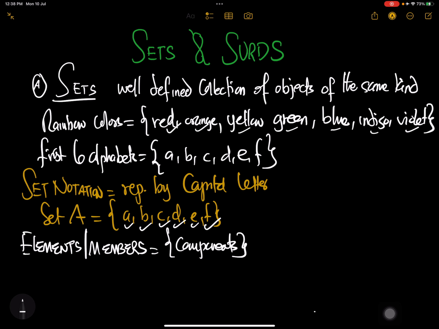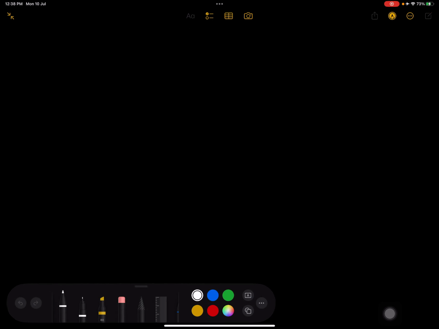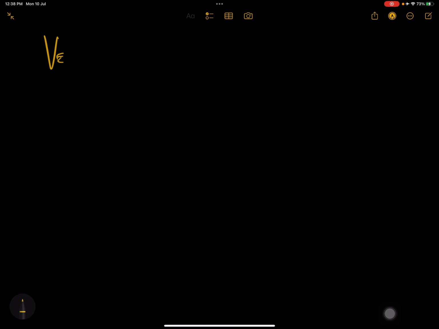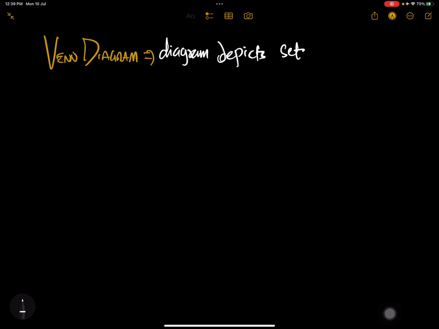Now let's quickly look at Venn diagrams. A Venn diagram is a diagram that depicts sets.